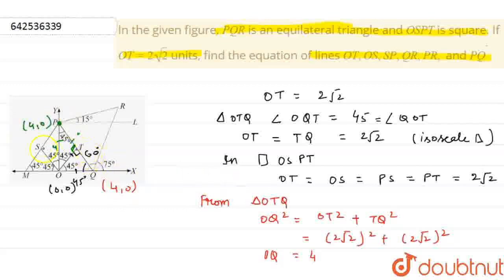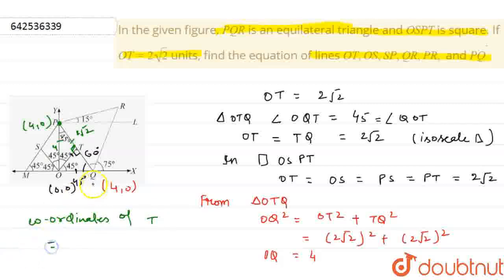Okay. Now similarly, as we can see from this triangle, this T is the midpoint of this PQ, because we have the length of PQ. PT is 2 root 2, right? And similarly, this TQ is also 2 root 2, right? So the coordinates of point T can be calculated by the midpoint theorem.